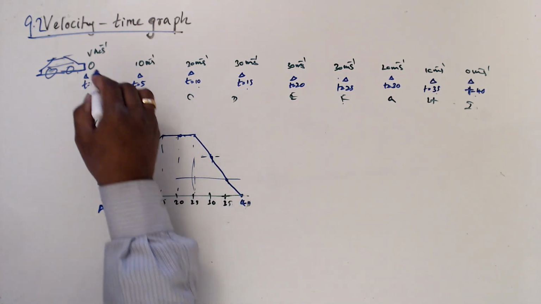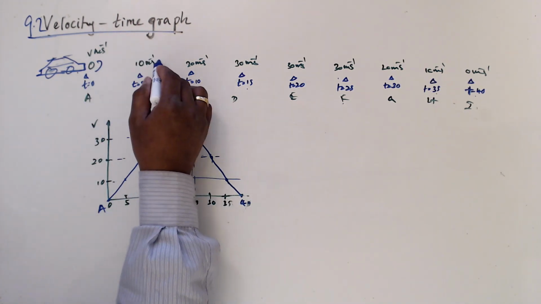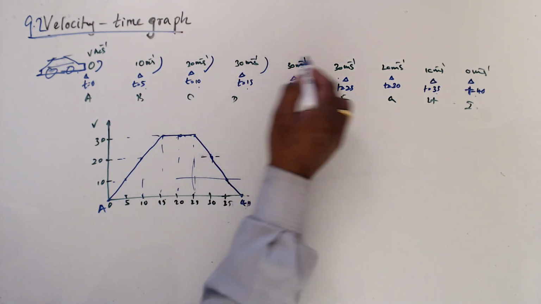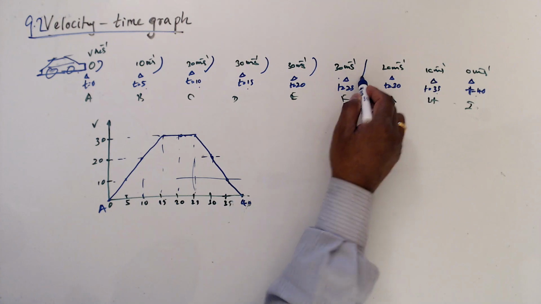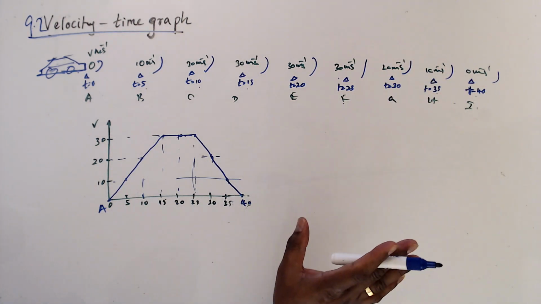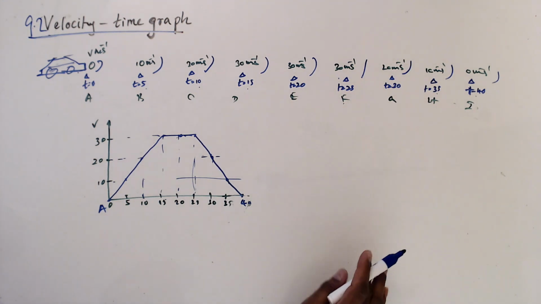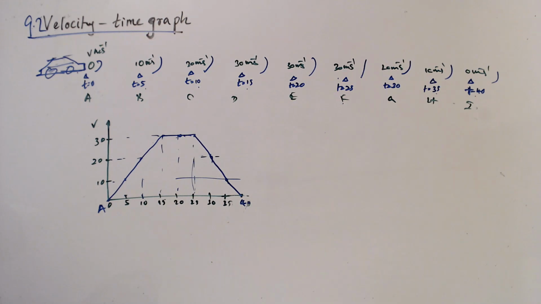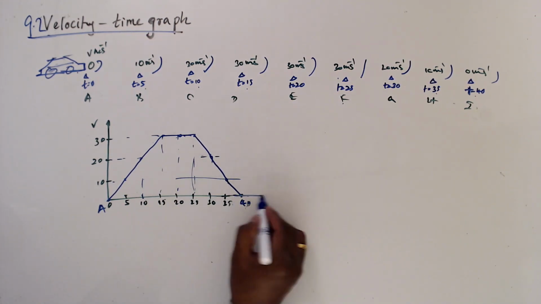So in your speedometer, you can see 0, after 5 seconds 10, then 20, and 30, 30, 30, the same. And then apply the brake and come to 0 by 40. So this is the graph for that journey.